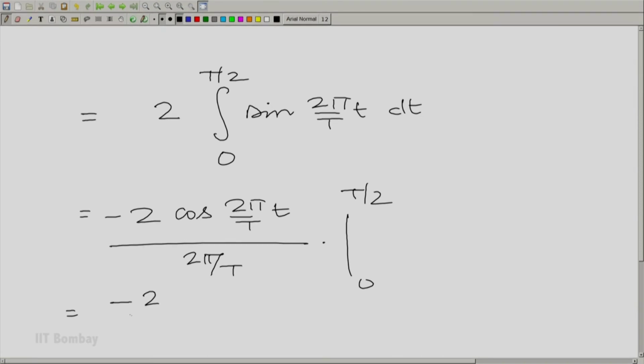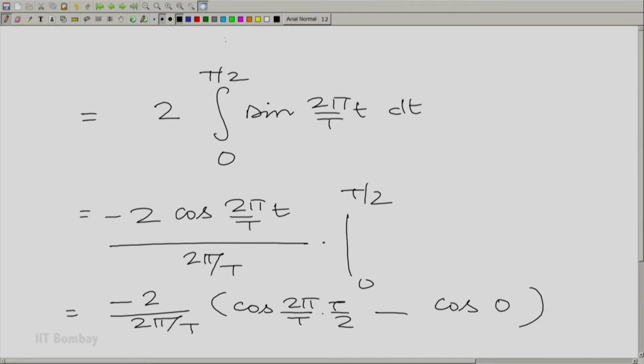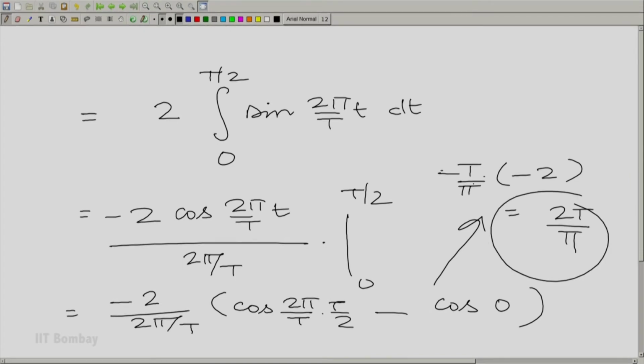That is minus 2 by 2 pi by T. Of course, cos of 2 pi by T times T by 2 minus cos of 0, and that gives us minus T by pi times minus, that is easy to evaluate, and therefore that is minus 2T by pi. So, this is the component for k equal to 1.